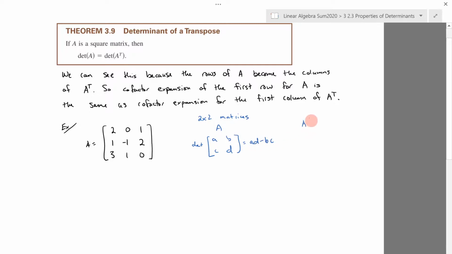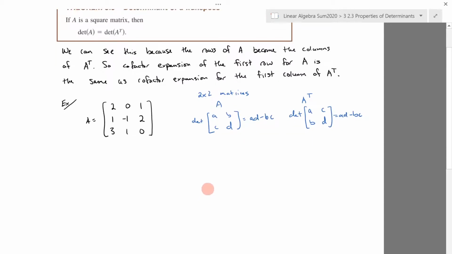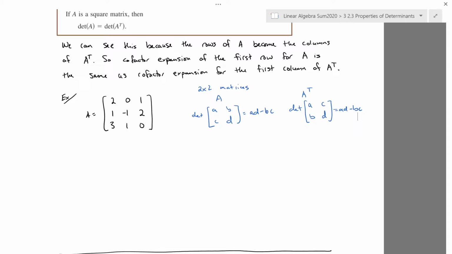What about A transpose? I have to switch the rows and columns, so a, c, b, d. And this is ad minus cb, but cb is the same as bc. So it's the same for 2x2 matrices.